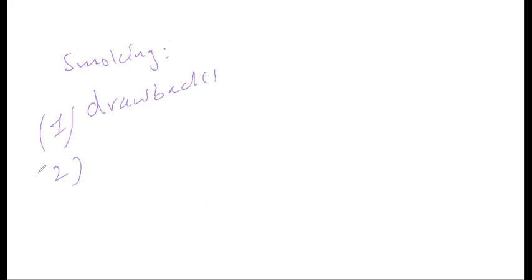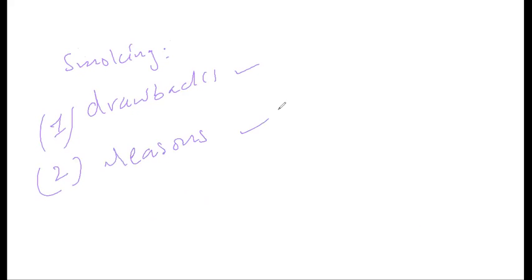Now, once you have decided what exactly you are going to write about on the topic of smoking, for example, I decide that I'm going to include these patterns: drawbacks, and I'm also going to write about reasons.